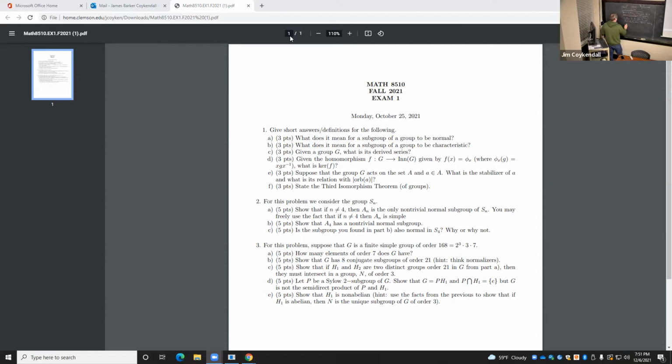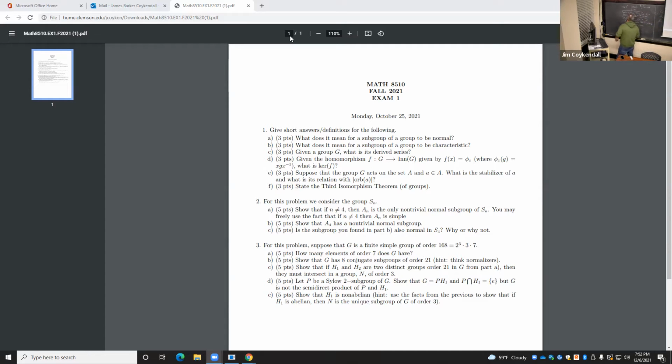So the normalizer in G of N has to contain H1 and H2. Now, I'm not claiming that's a group, but it has to contain all these elements, because every element of H1 and every element of H2 normalizes N. And so every one of these things has to be in there.